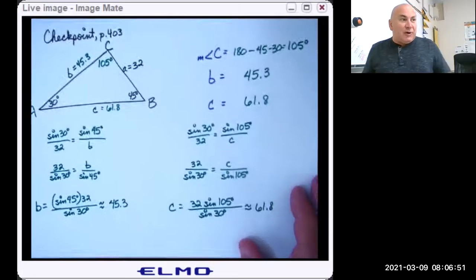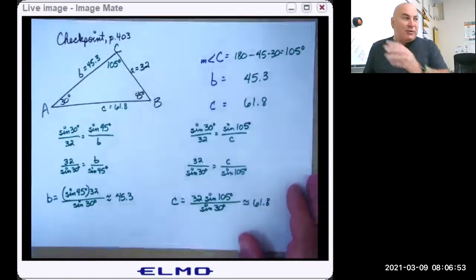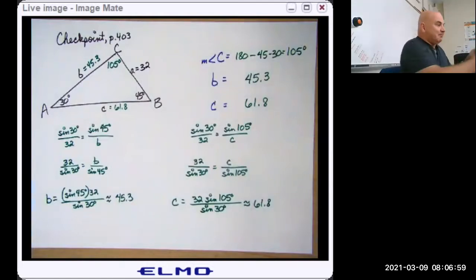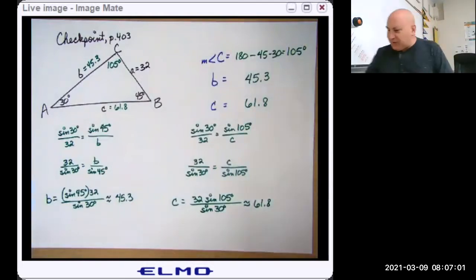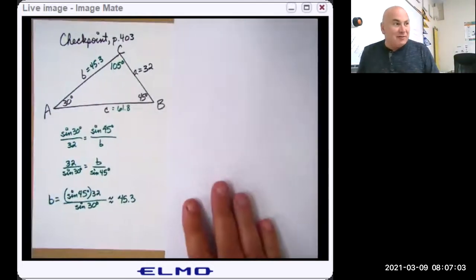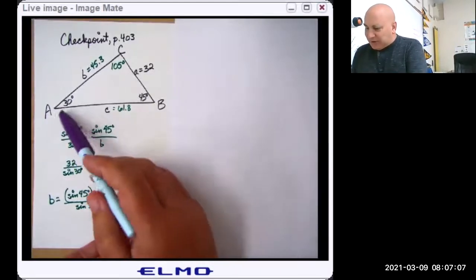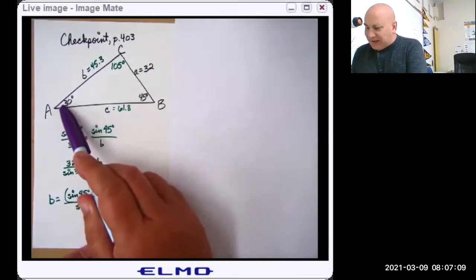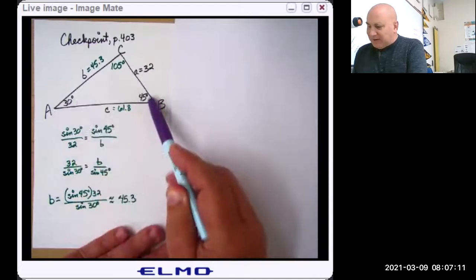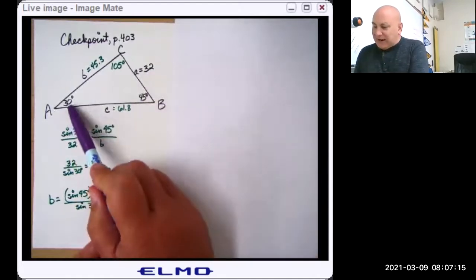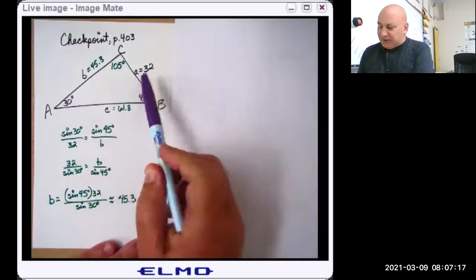So here's a checkpoint problem from page 403 of our current textbook. Let's cover up most of this so it's not so intimidating. What is in black is what is given. I have angle A, angle B, and side A, so I do have an angle and the side opposite.